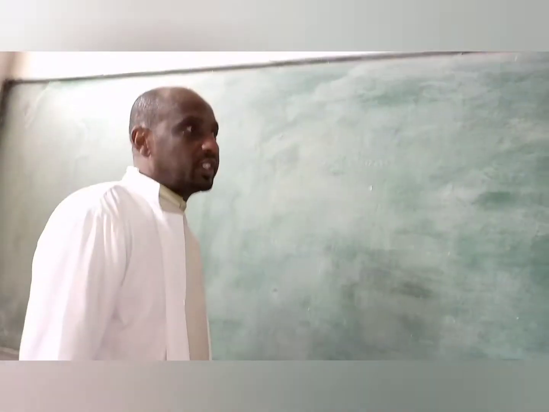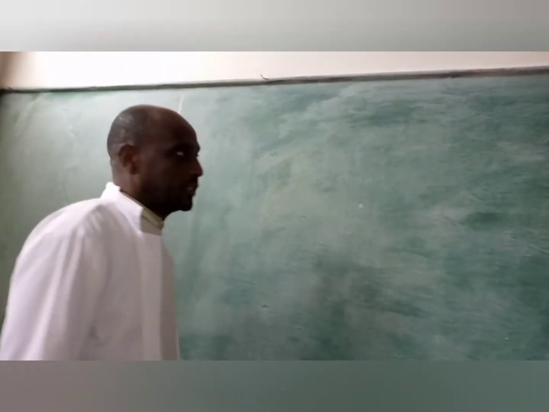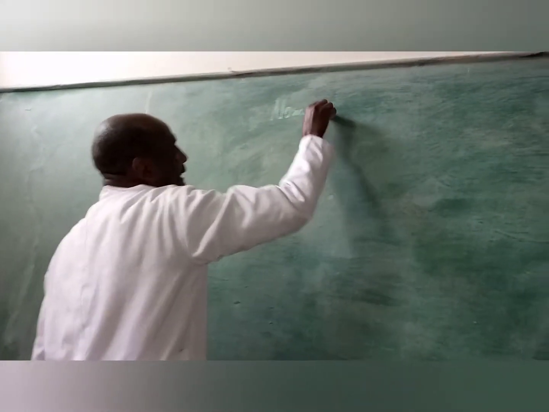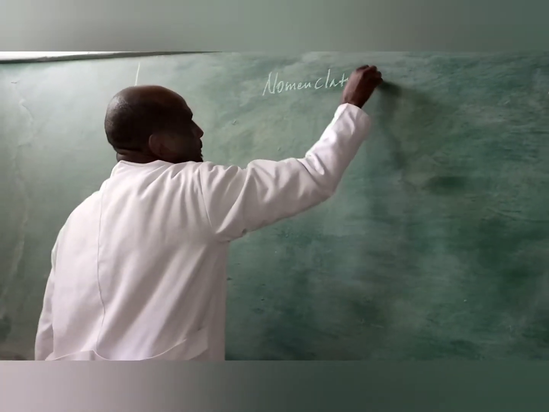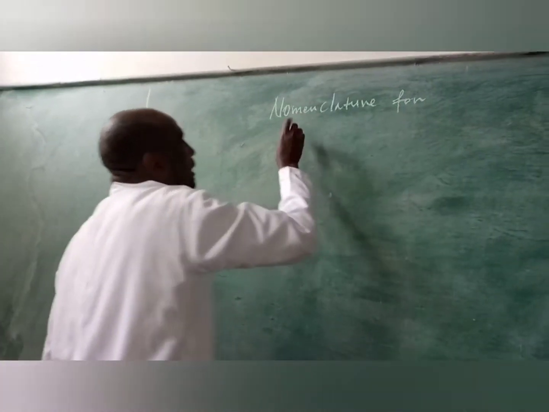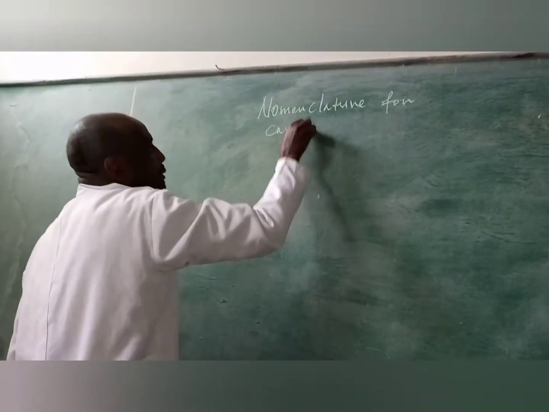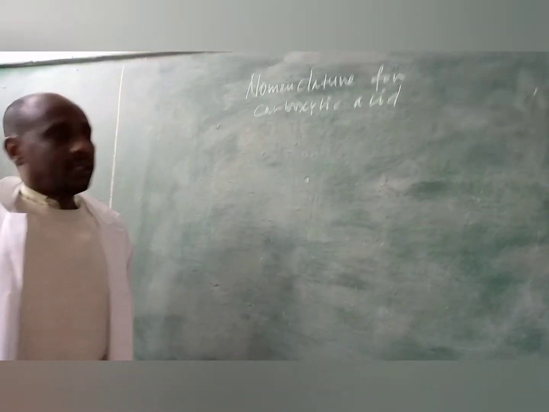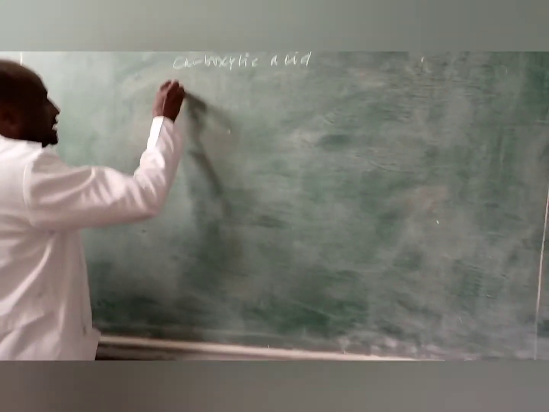We are going to see how to name organic compounds. That is nomenclature for carboxylic acid. This is how to give a name. We have IUPAC name and a common name for organic acid.